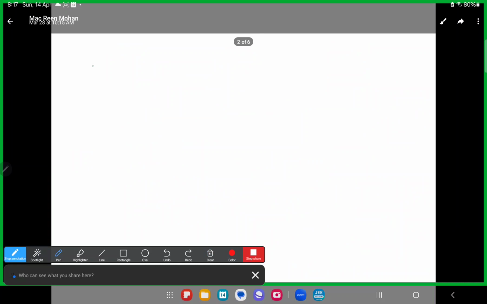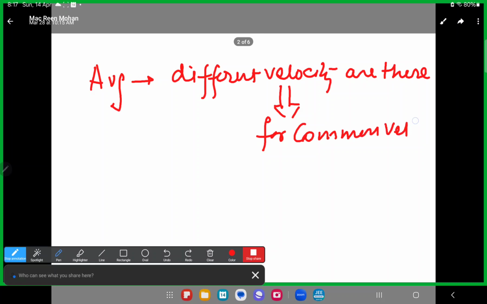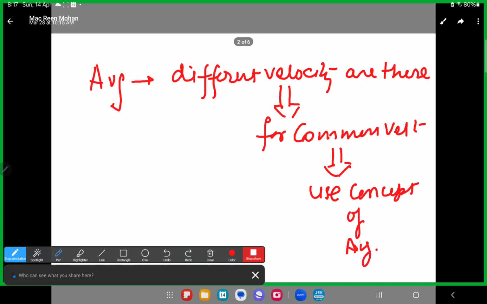So basically average means different velocities are there, so for a common velocity, use the concept of average.